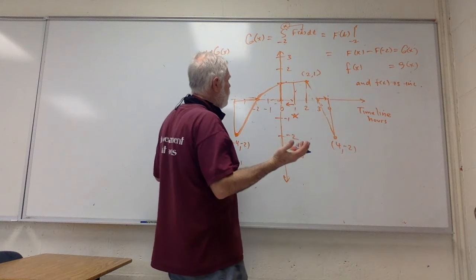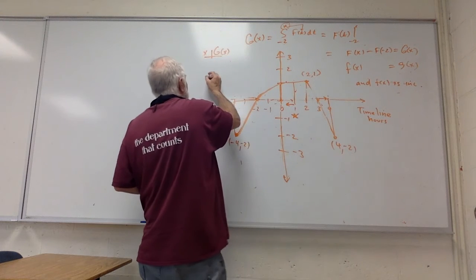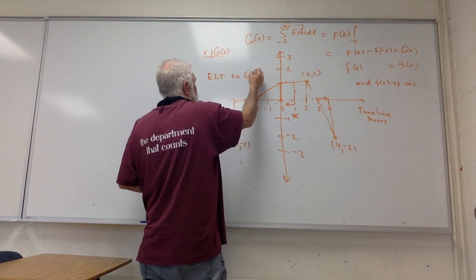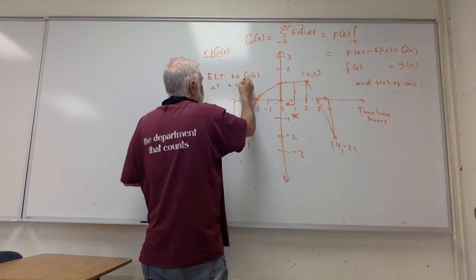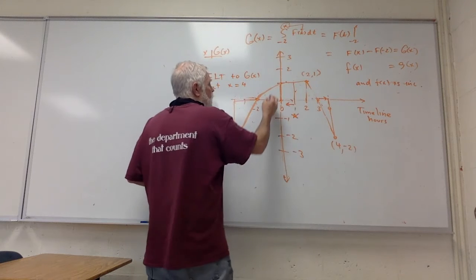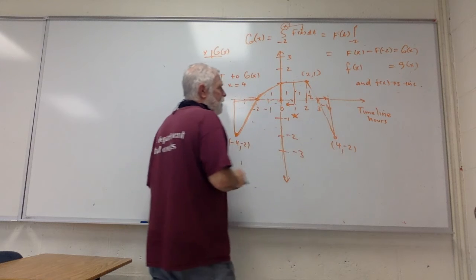Okay. Tangent line. How would I write a tangent to G? So let's write an equation of the line tangent to G of x at x equals, why don't we do 4? Okay, we're measuring from -2. So that was 1, 1, 1, 1/2, -1. I think I got that right.